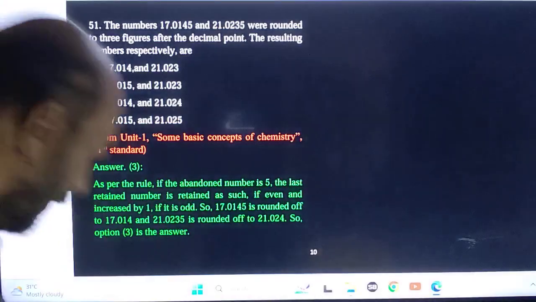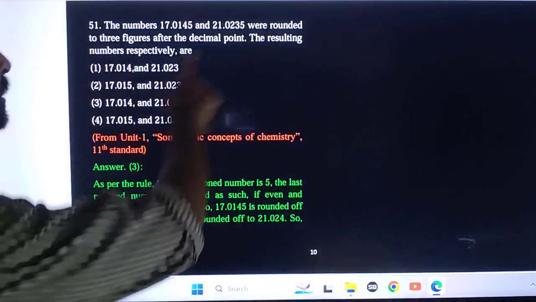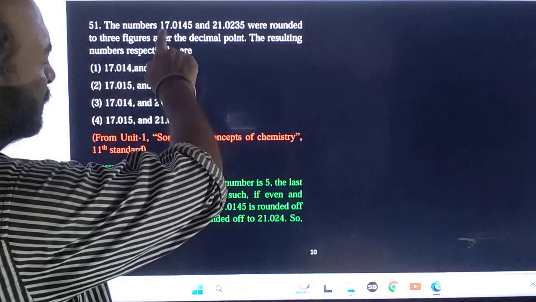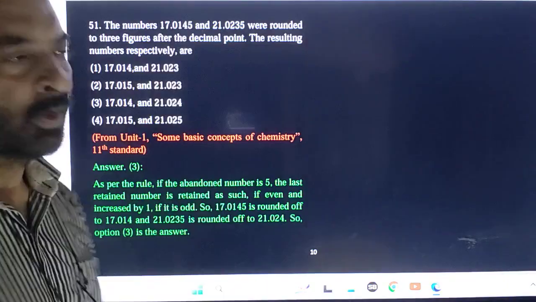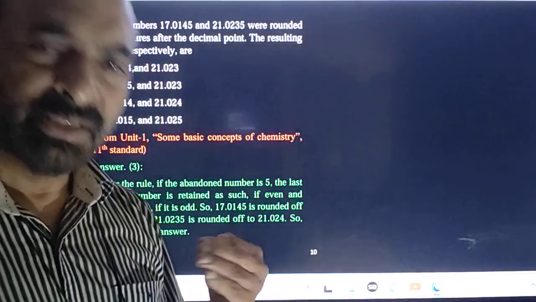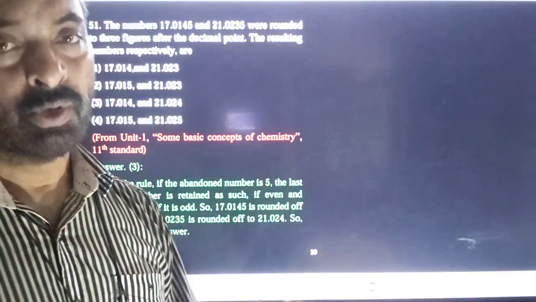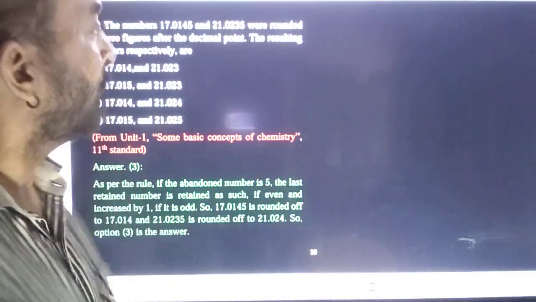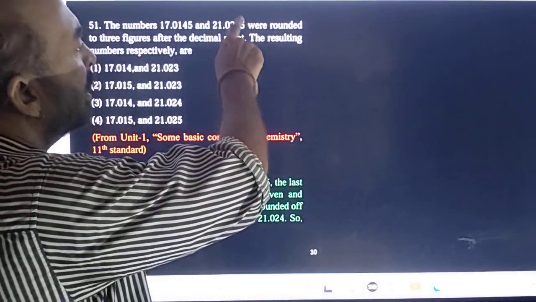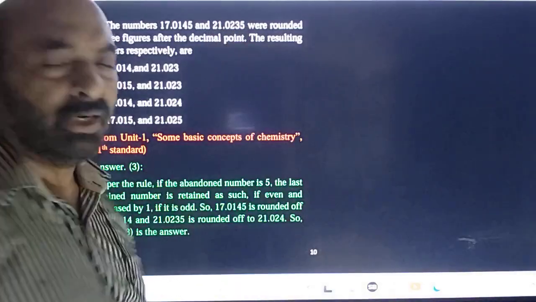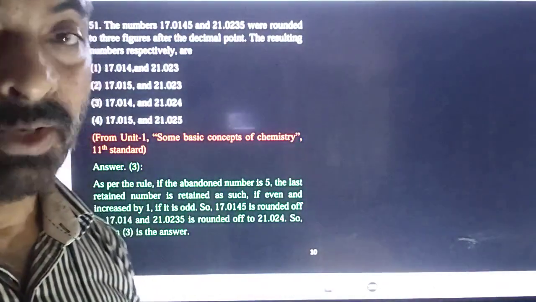Here, in the first case, it is 17.0145. So while you discard 5, you don't have to increase the value of 4 because it is an even number. But while you discard 5 from 21.0235, you have to increase 3 to 4 because it is an odd number.